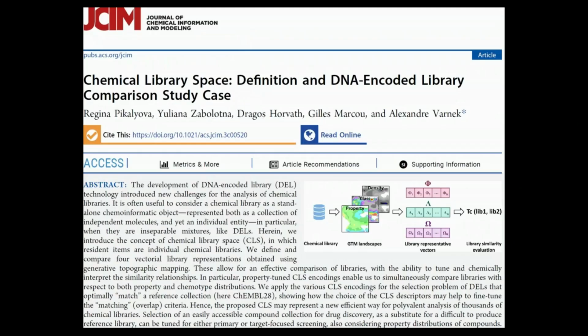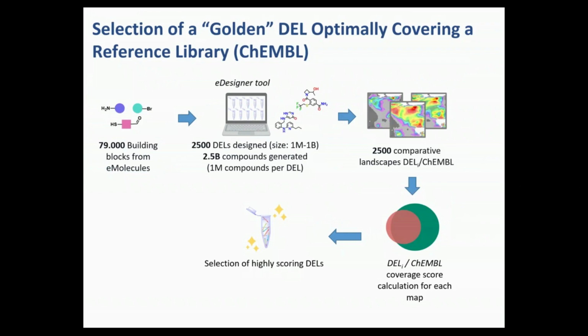The paper just came out, and so an exercise we did is, given a set of DELs, we used Eli Lilly tools with associated building blocks, and came to the conclusion that there would be some 2,500 different DELs that could be synthesized in principle and enumerated. The question was, which of these DELs are the best replacement for the Campbell collection?